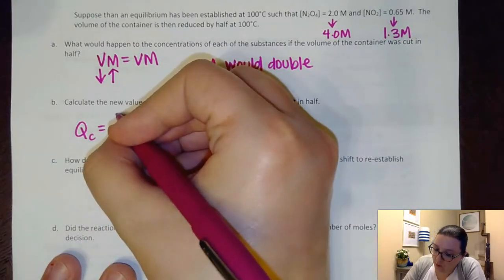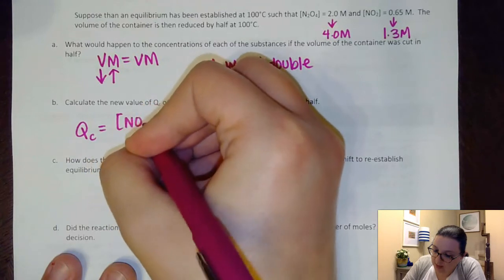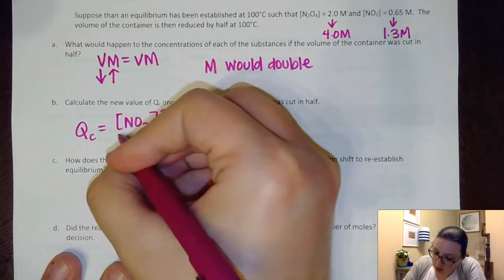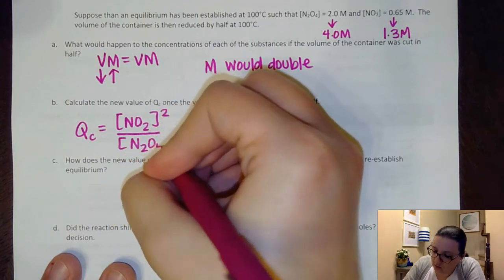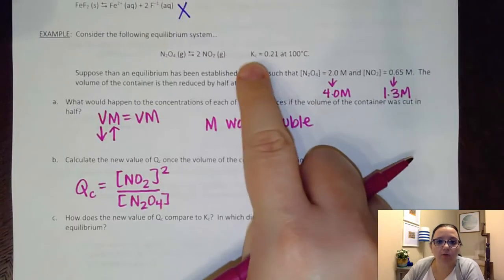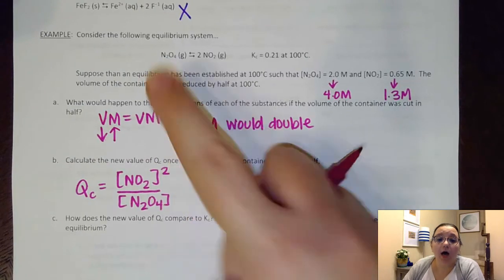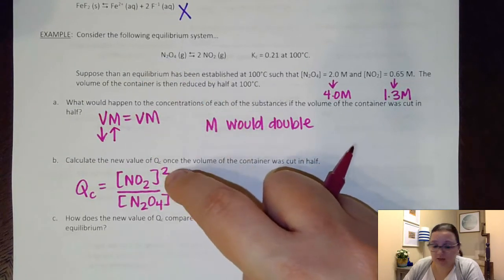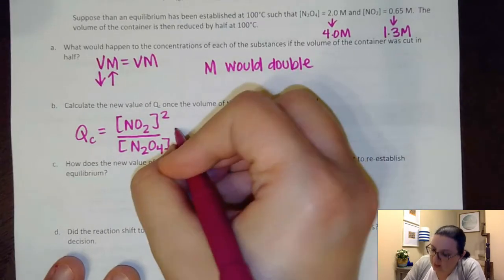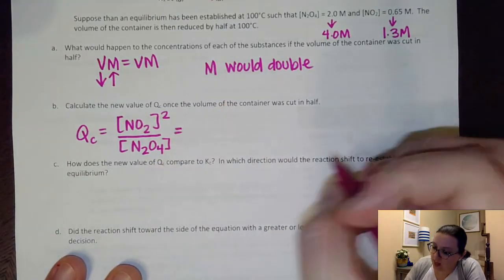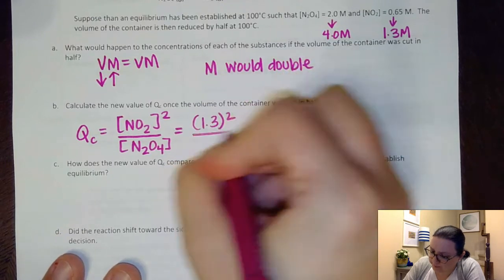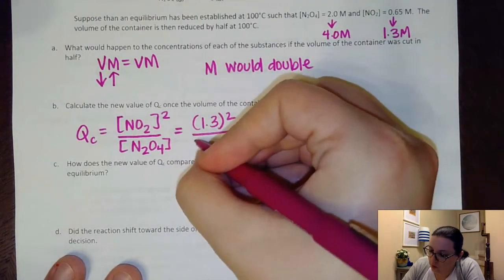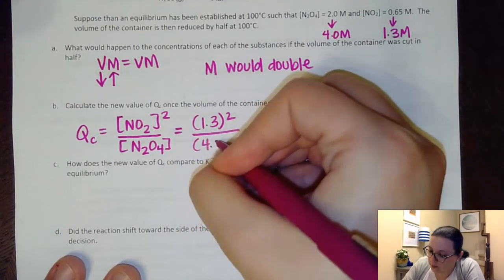So again, my product is the NO2, except it gets squared, over my reactant of N2O4 raised to the first. So again, I'm using those coefficients to raise my exponents. So plugging in my new values, the NO2 is now 1.3, but that's going to get squared over the N2O4, which is 4.0.